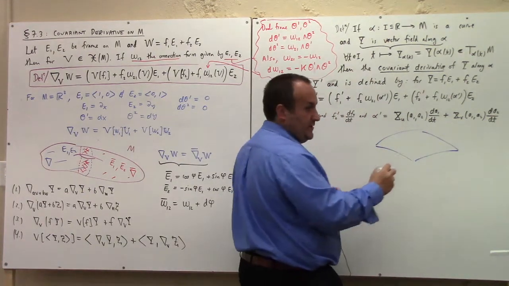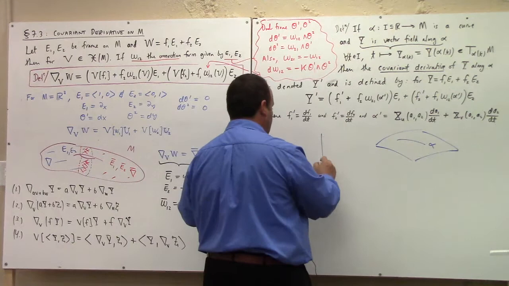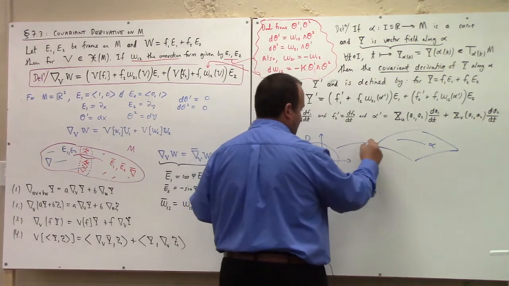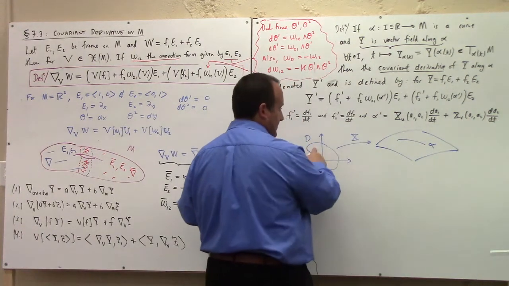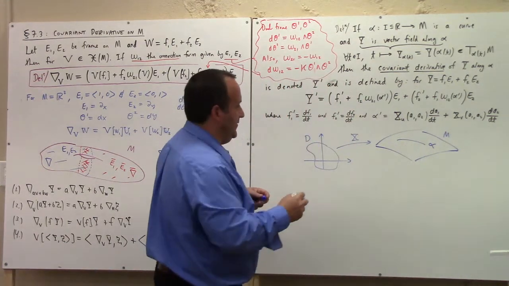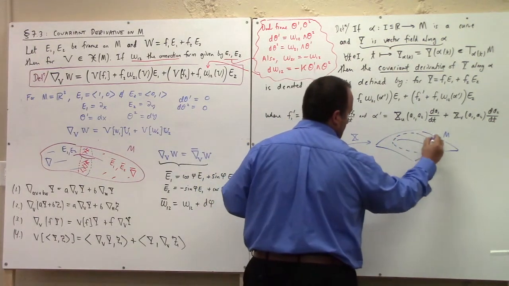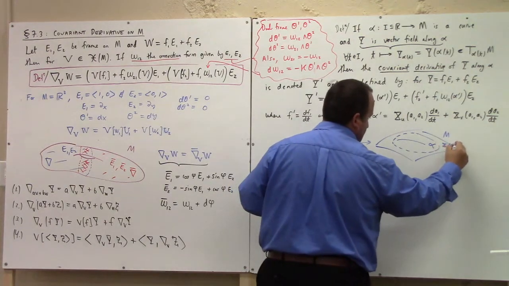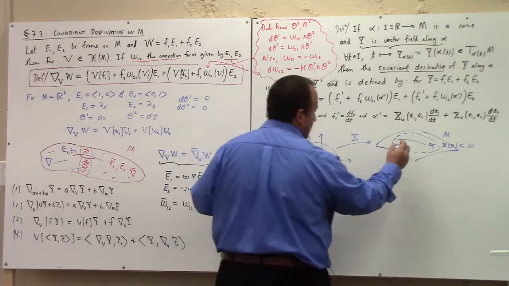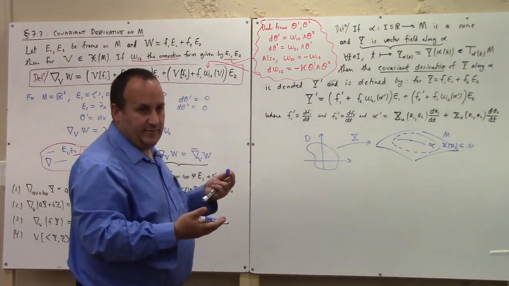But if this is alpha, then here's D, and your patch takes D up to M. And suppose that the curve lies in the image of this, x of D is a subset of M. The patch doesn't have to cover all of M, but we're thinking about the curve right here, about this point. What's alpha prime at that point?